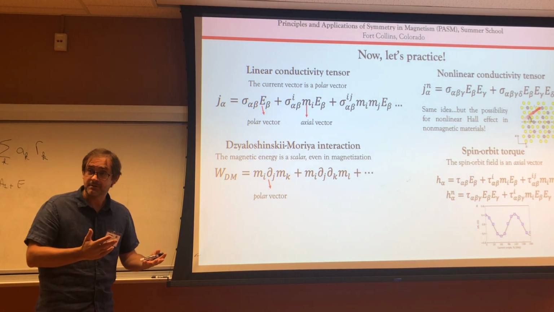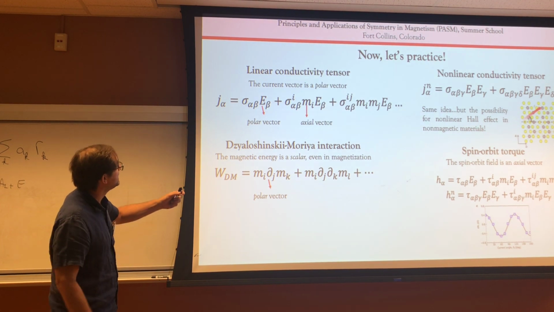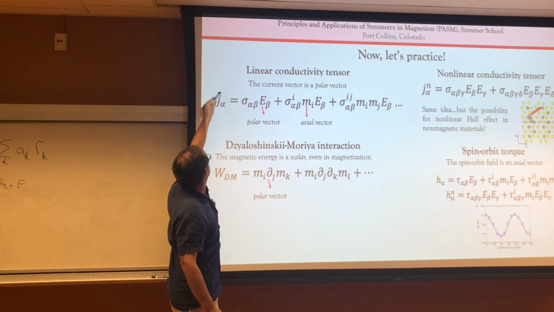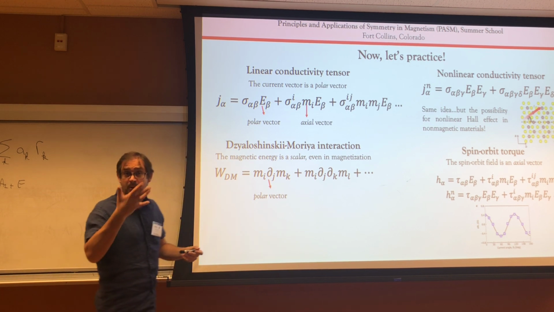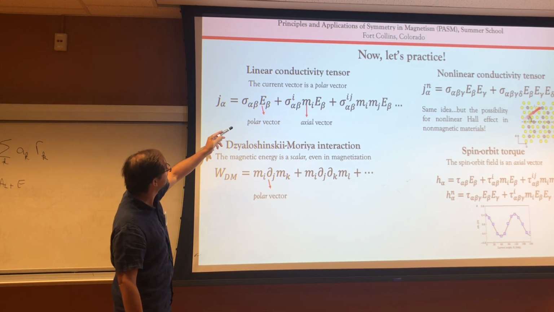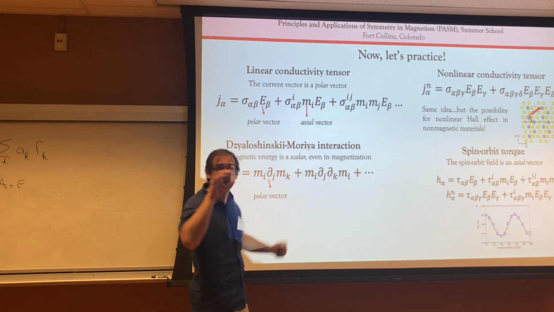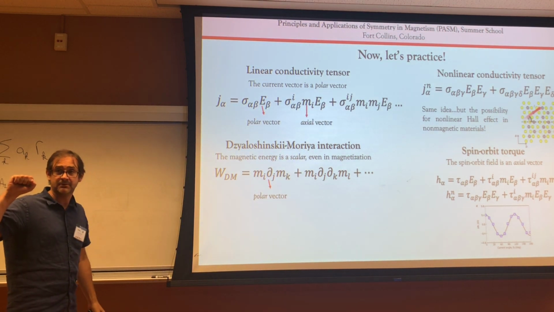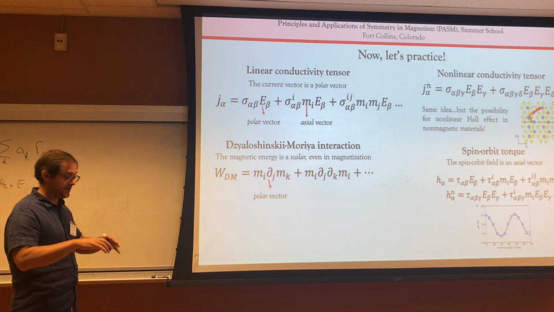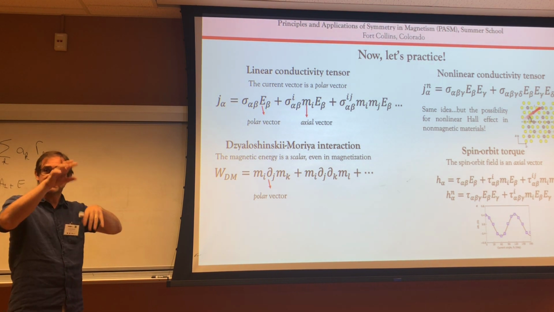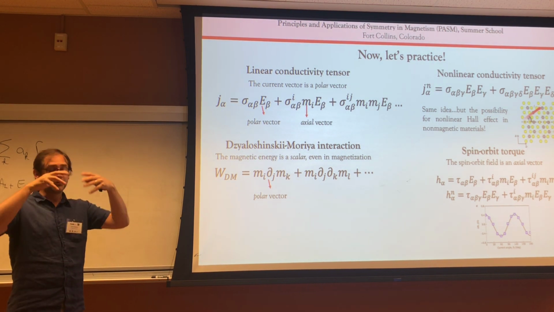What we do is a bit different, but of course it boils down to the same thing. We just expand our polar vector, because the current is a polar vector, in terms of those different coefficients, and those coefficients are taken from the table. So we have invariant functions, and we just combine all the possible invariant functions to create a polar vector.